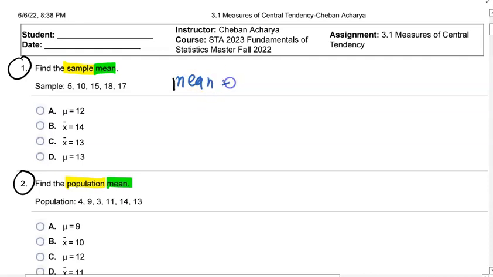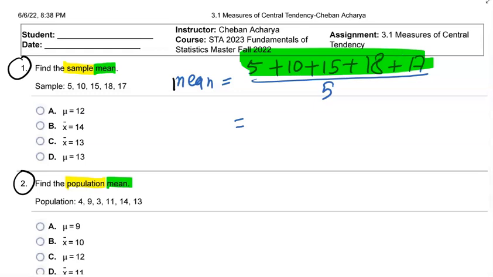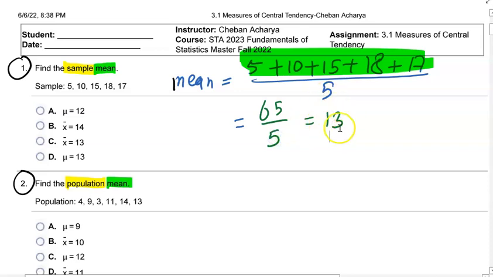You add 5 plus 10 plus 15 plus 18 plus 17, divided by 5, because there are 5 data. The sum of all data points is 65, divided by 5, which is 13. Therefore, 13 is the mean.